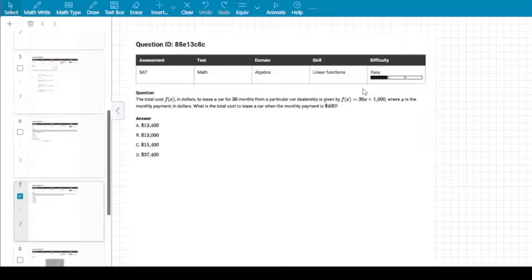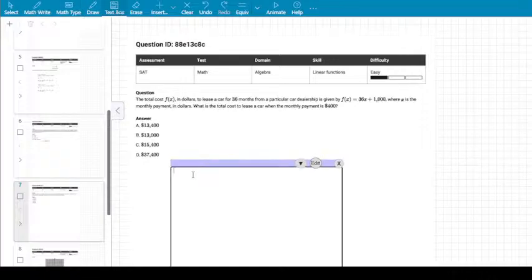Okay, now let us solve the question. So here let us write the function we are given. So f of x is equal to 36x plus 1000.